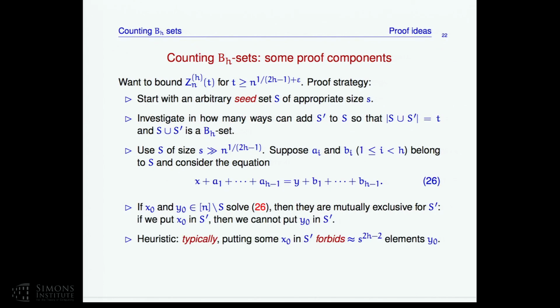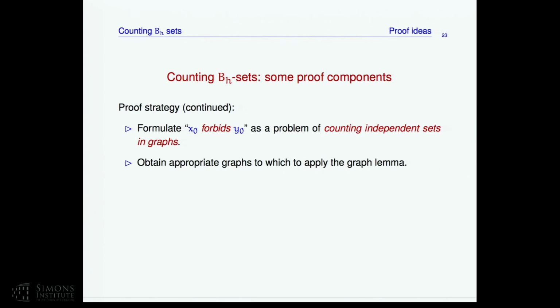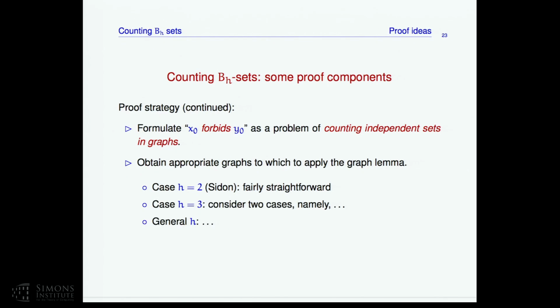Now I shouldn't try to say much about this. I should perhaps just say that this notion that one x forbids some y is encoded as a graph problem, and for h equals 2 this graph is locally dense.